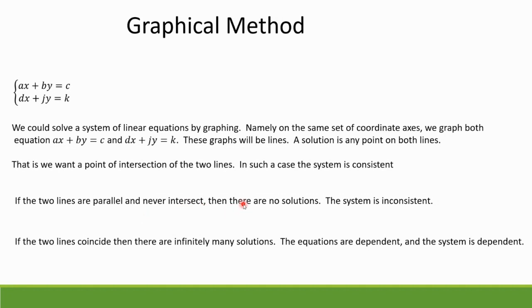What could also happen is the two lines could coincide, meaning they overlap each other entirely. In that case, the two lines have infinitely many points of intersection. That is, there are infinitely many solutions. The equations then are dependent and they're consistent.